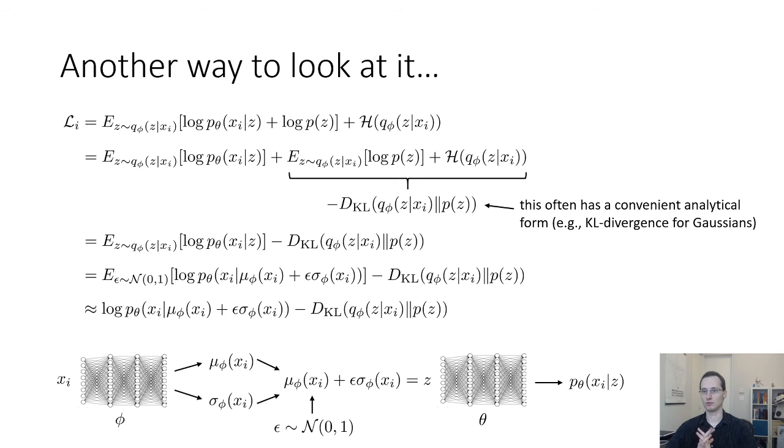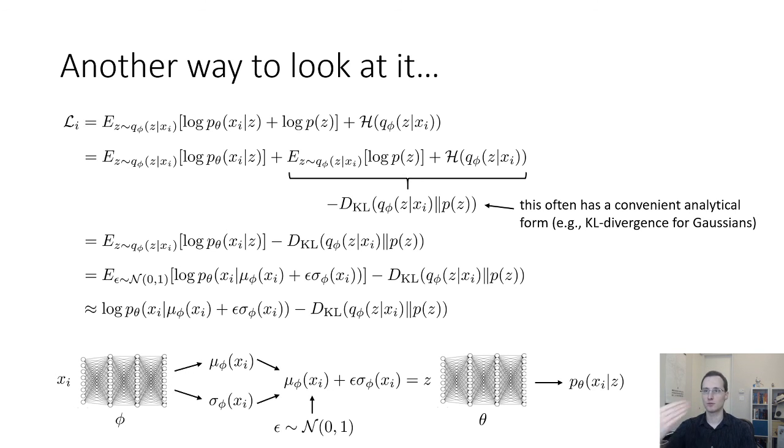And now all you have to do is write down the evidence lower bound, basically implement it in code, and that evidence lower bound is just going to consist of the log probability p theta xi given z, computed using this network directly from xi, and additionally this KL divergence, and the KL divergence is just a function of mu phi of xi and sigma phi of xi, so it's just another loss term.